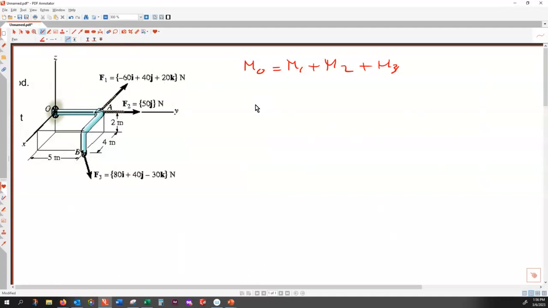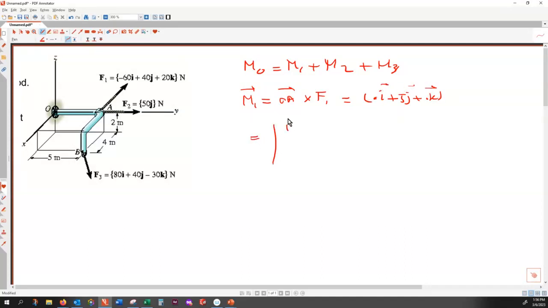by taking OA multiplied by F1, and OA is what? OA is 0I plus 5J plus 0K.